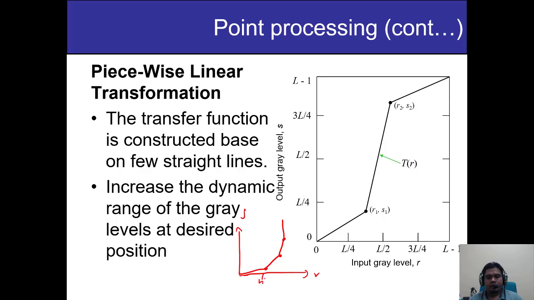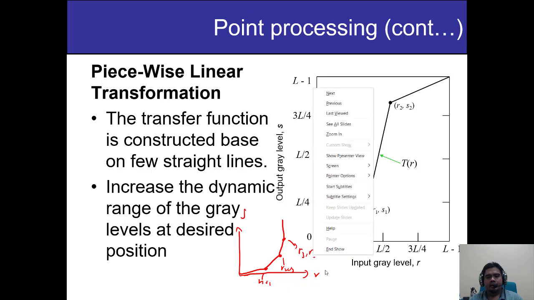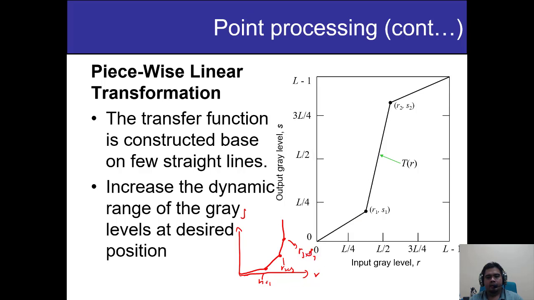So I have R1 S1, this one R2 S2, this one is R3 S3. These coordinates are set by the user manually when they want to use this transformation function.